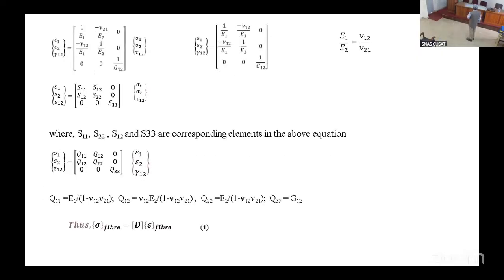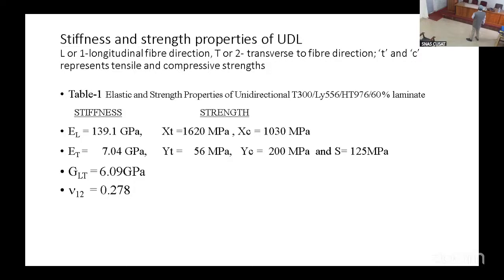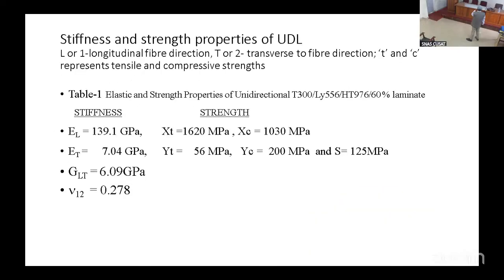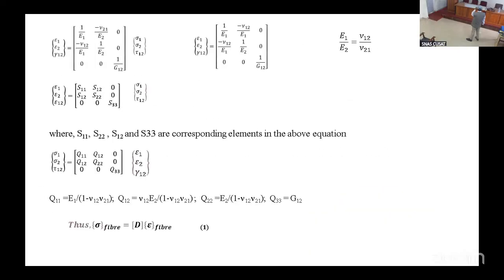Now, this is the previous equation I have summarized. Here we have epsilon 1, epsilon 2, epsilon gamma. All those things you simply put in the matrix.